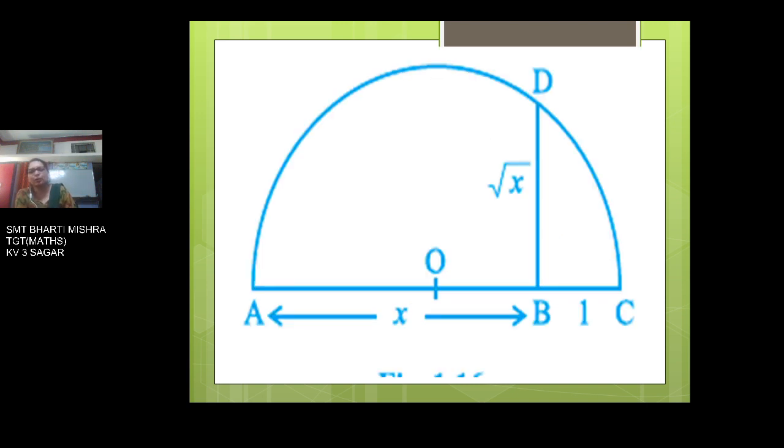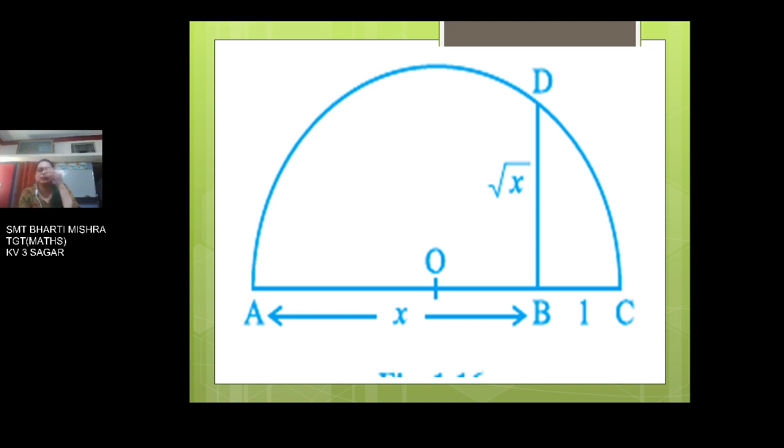I am having a broader view. See, there we considered 3.5. Now we have a generalized view. Suppose x is any number and we want to calculate the square root of x. What will be the distance? Whatever be the value of x, you will draw a line segment AB, then 1 unit, that is BC.